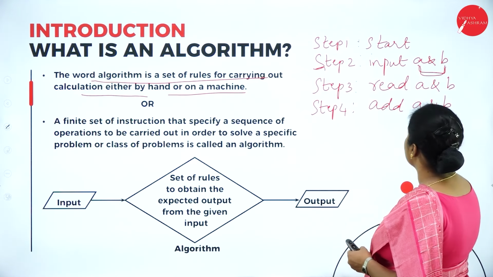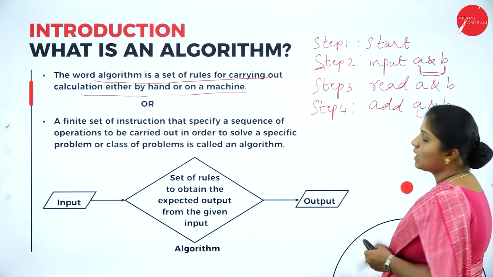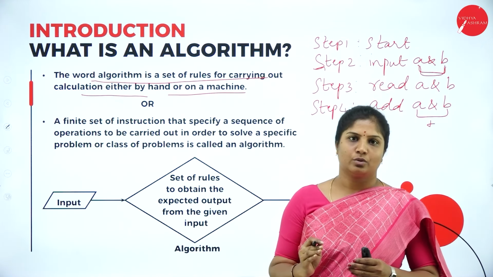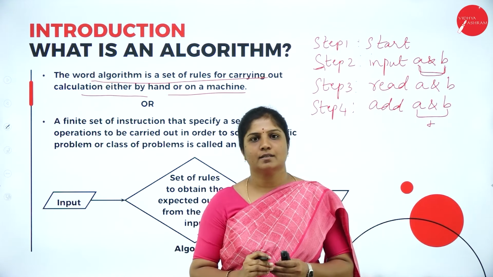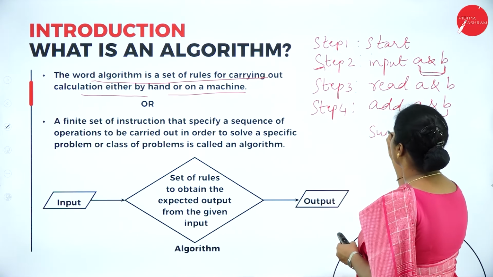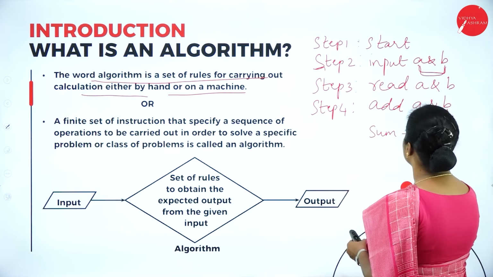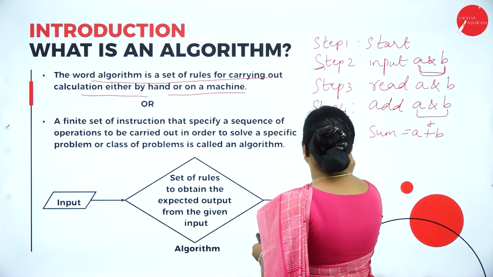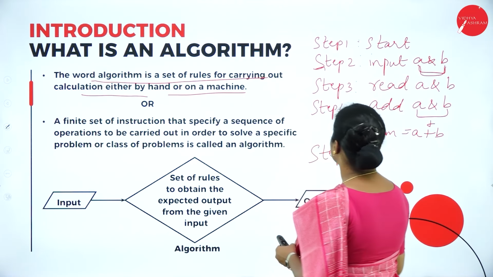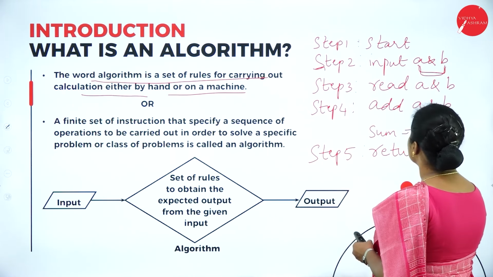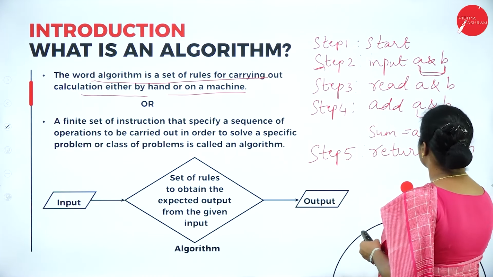After adding these two numbers, I need to store the addition value in some other variable, isn't it? That's why I am taking here sum is equal to A plus B. After adding, in step 5, I am going to return the sum value.